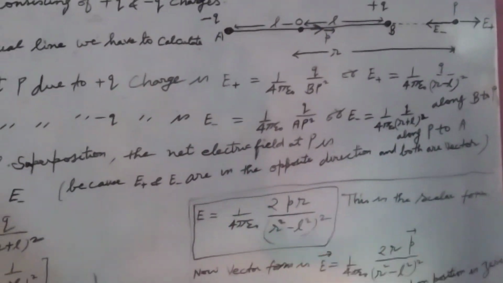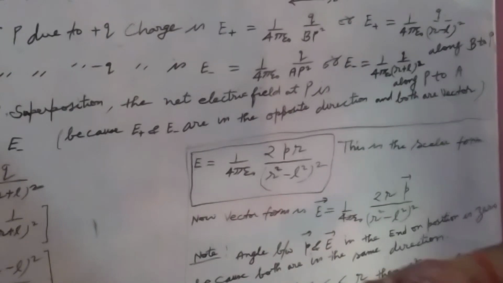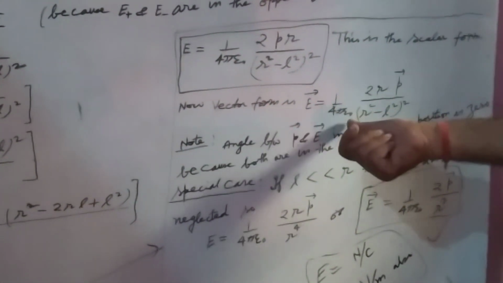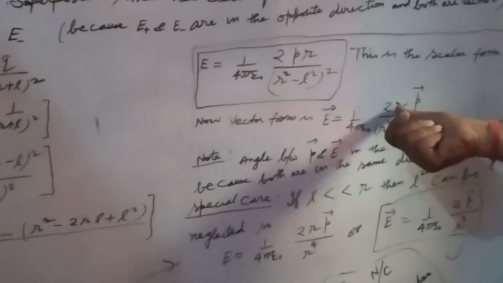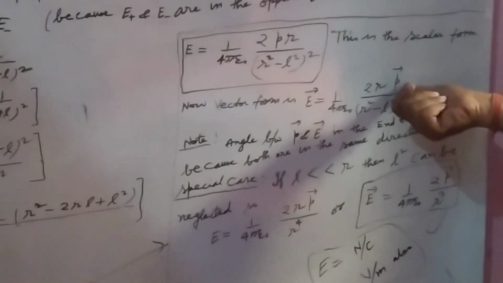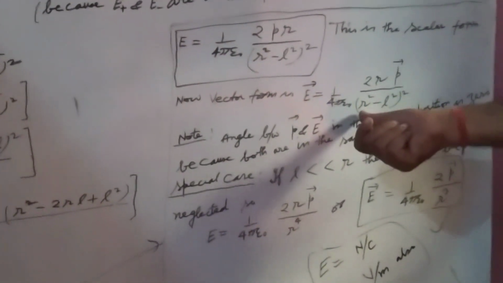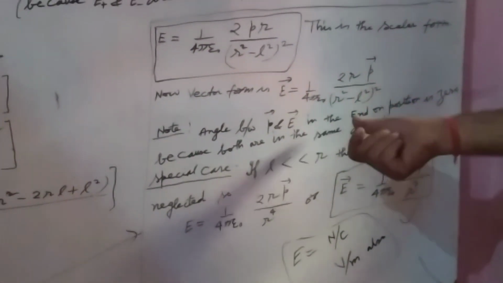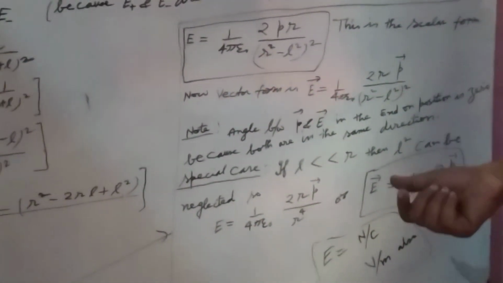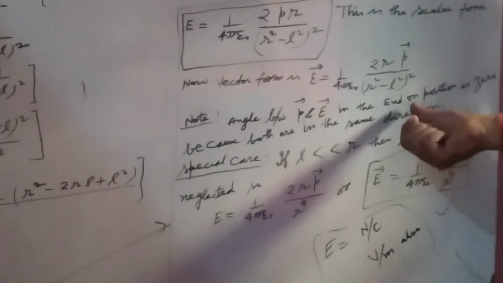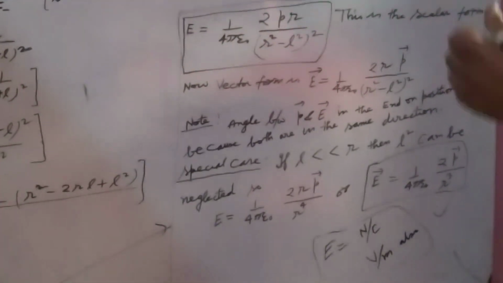Now, if you are going to consider it in the vector form, then the vector form is E vector equals 1 upon 4 pi epsilon naught 2RP over (R square minus L square) whole square, because P is a vector. Electric dipole moment P is a vector. And a notable point is that the angle between P and E in the end-on position is 0. Why?